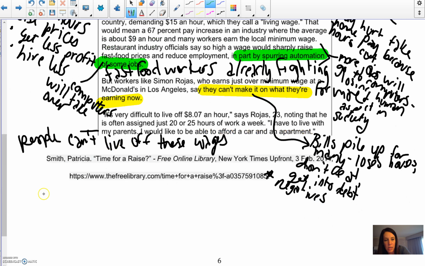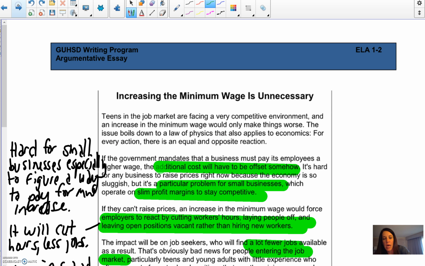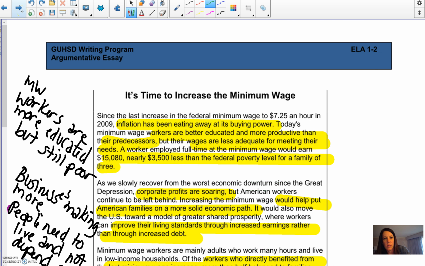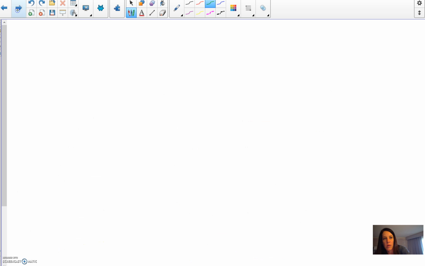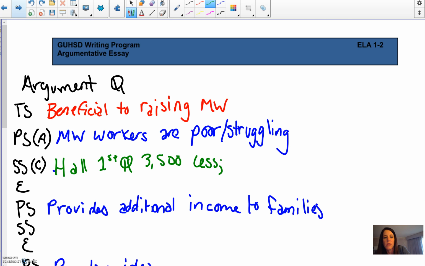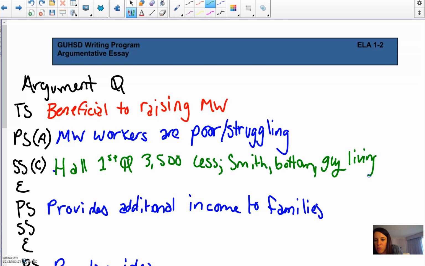So again, here is who we're going to be quoting, Smith. So I'm going to go to my outline, and I'm going to write Smith, bottom of the paragraph, whatever you need to remember. So Smith, bottom or end, and then guy living with family or parents.